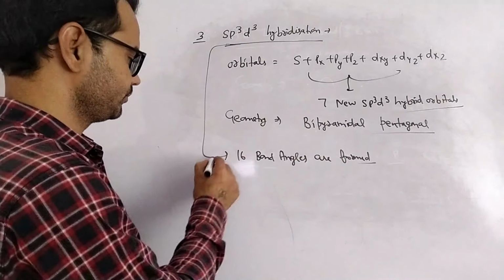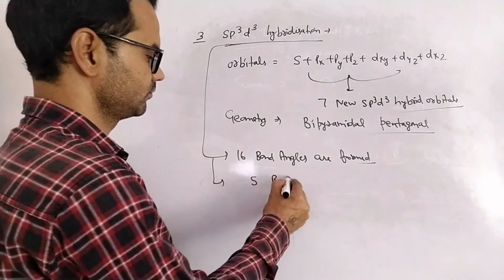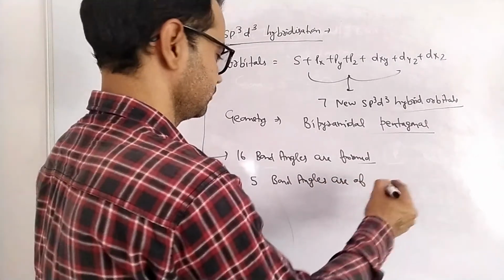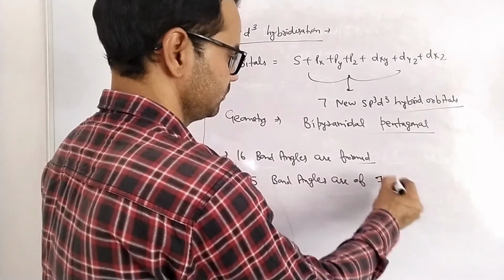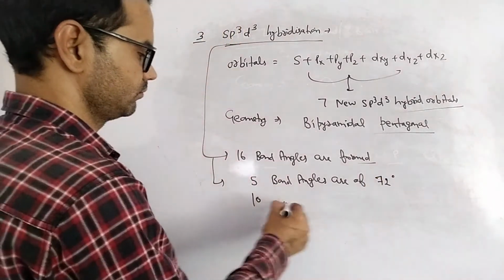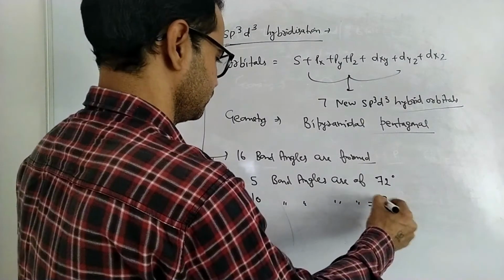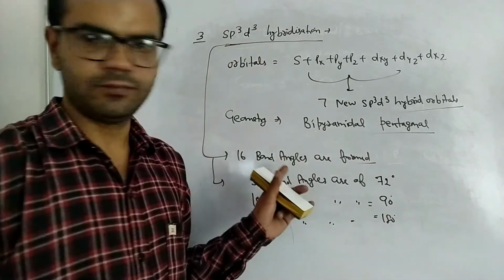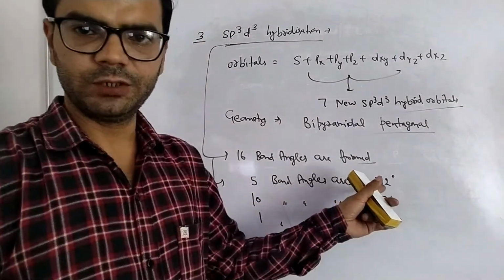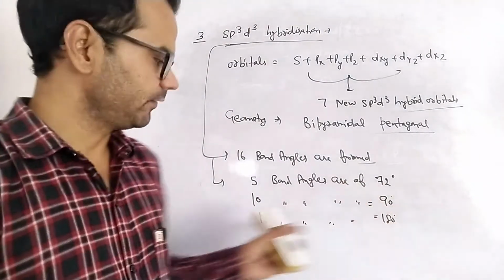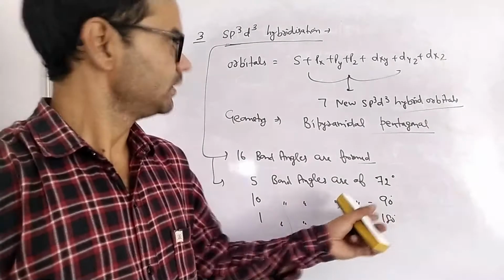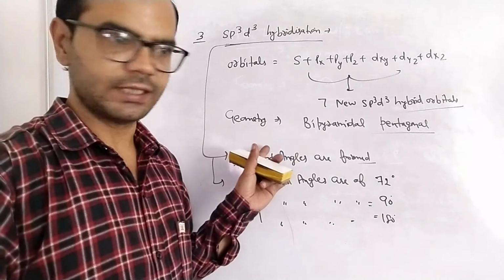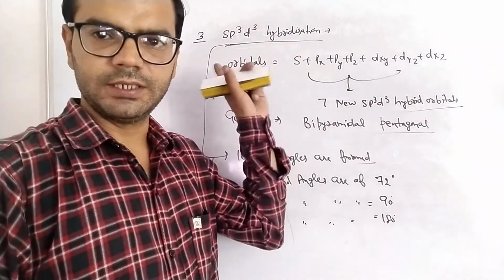Out of 16, 5 bond angles are of 72 degrees, 10 bond angles are of 90 degrees, and 1 bond angle of 180 degrees is formed in sp3d3. Total 16 bond angles.